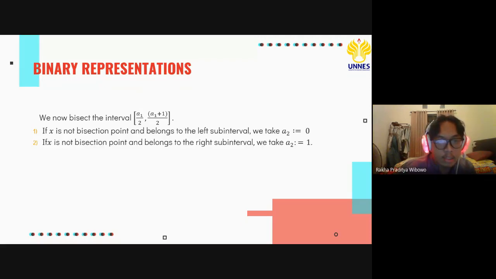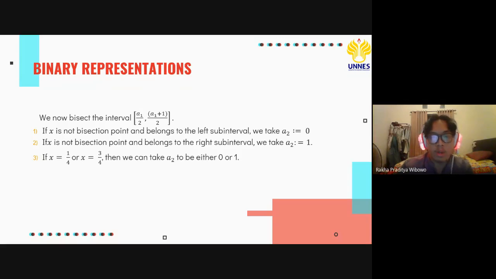Second, if x is not the bisection point and belongs to the right subinterval, we take a2 to be defined as 1. And last, if x equals 1 over 4 or x equals 3 over 4, we take a2 to be either 0 or 1.